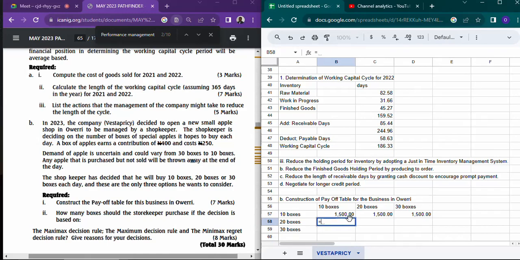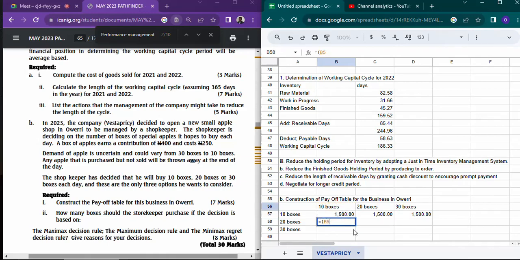So the second one is that he is buying 20 boxes, right? So it means he's paying how much? 250 times 20 to buy them. But people are only demanding for 10 boxes.